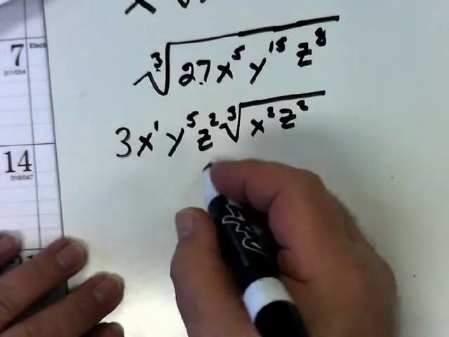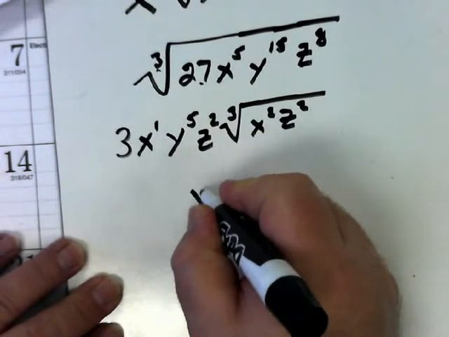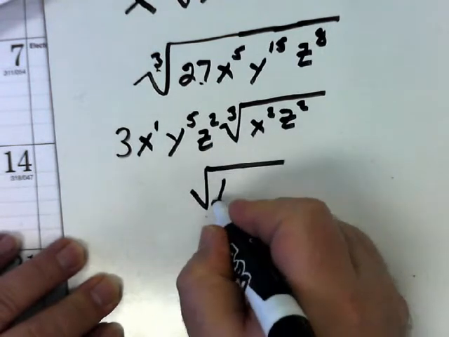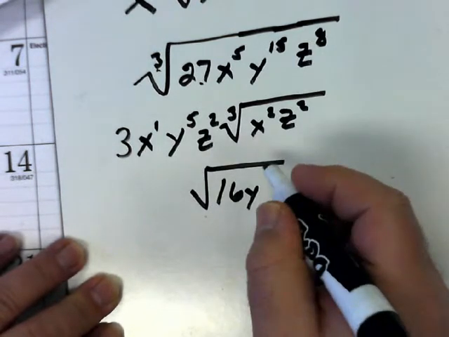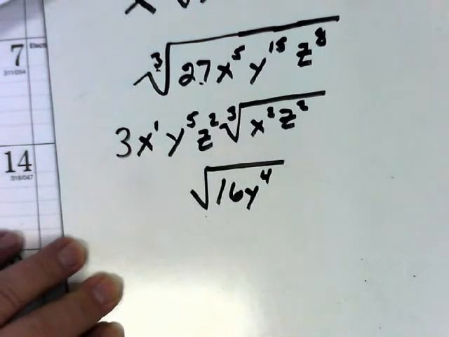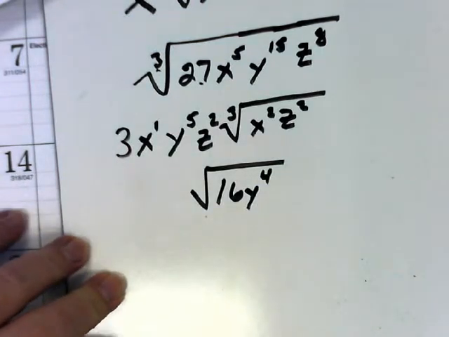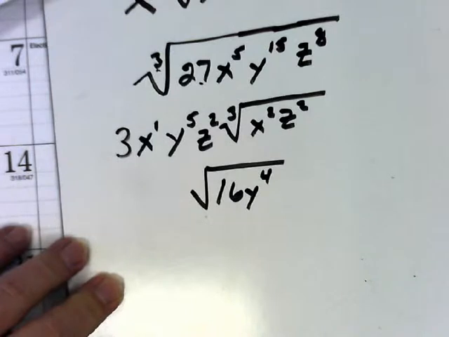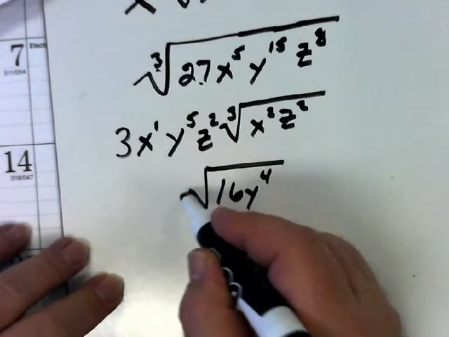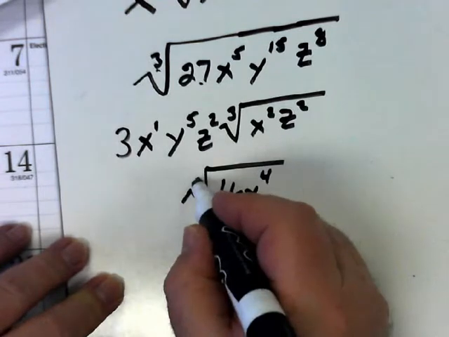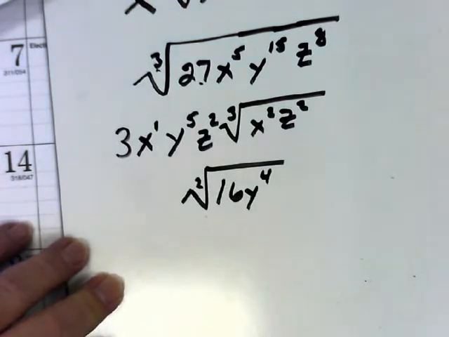So let's look at this one. What's the index if there's no index? If there's no number in the index, what is it? It's always a 2.